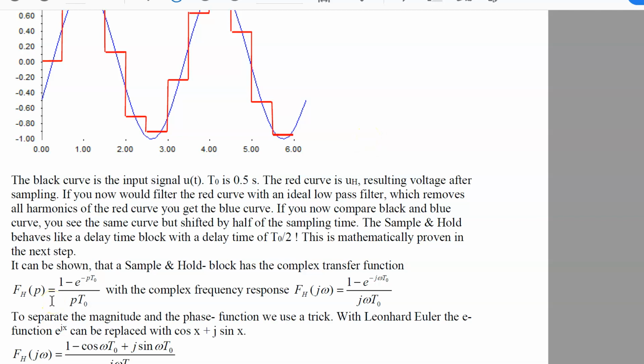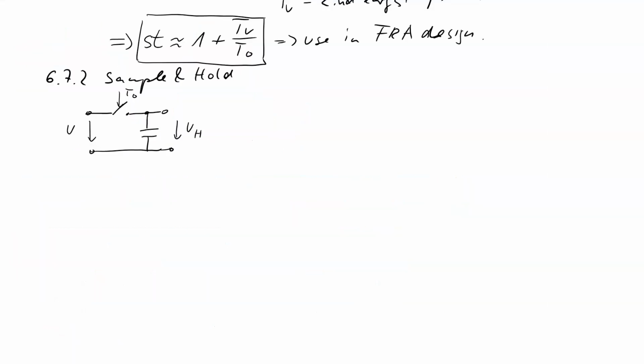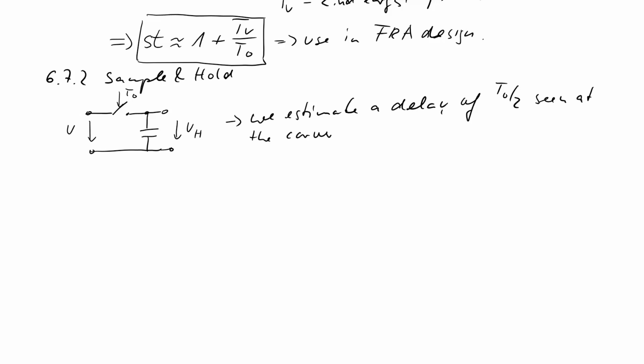So I now go into the frequency domain and give you some hints for the sample and hold block. We estimate a delay of half of the sampling time, seen at the curves in the paper.